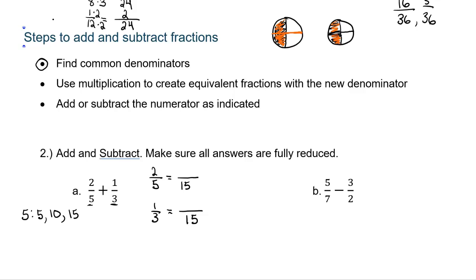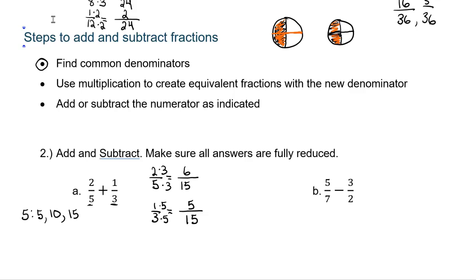Now, 5 times what gives me 15? Well, it's times 3. 2 times 3, because whatever I do to the bottom, I have to do to the top. So I get 6. 3 times 5 gives me 15. Have to multiply the top by 5, and I get 5/15. So those are the fractions that I'm now going to be adding.